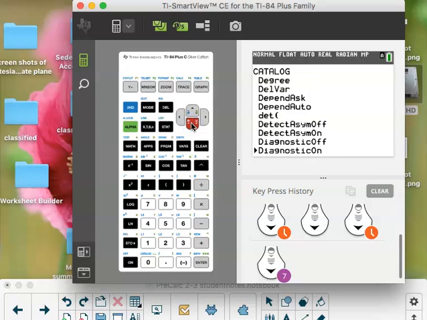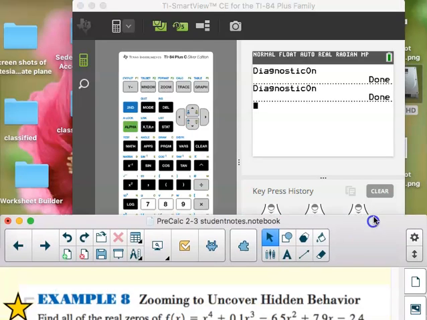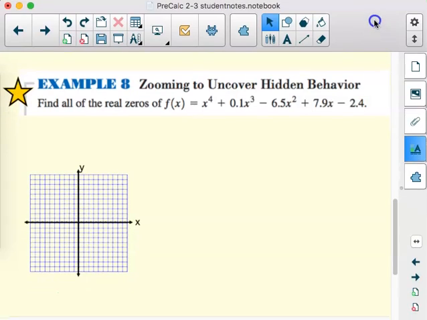And then we have to hit enter twice, because the first time is just to choose it. And now it's on that main screen, that execution screen. And so then we hit enter again, and now it's done and it's turned on. We're not going to be doing linear regression today, but we're going to use some of the other regressions that we have in our stats portion of our calculator.